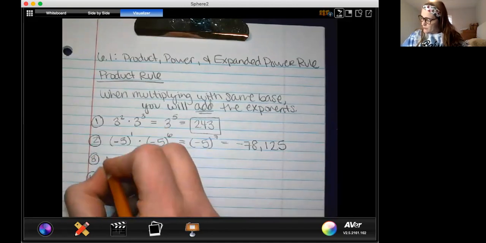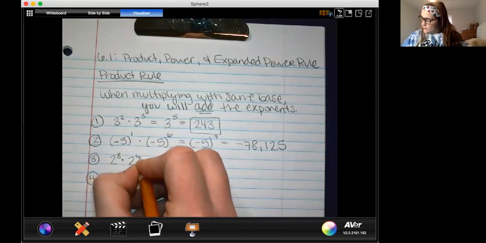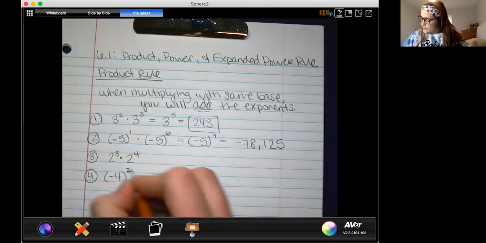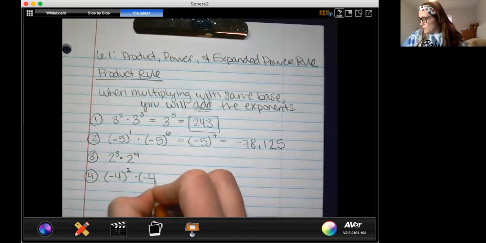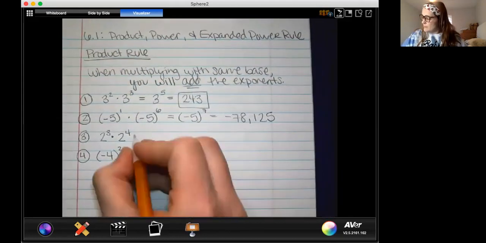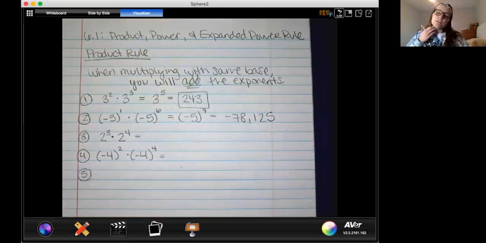Okay, let's try number 3 and 4. 2 to the 3rd times 2 to the 4th, and quantity -4 squared times quantity -4 to the 4th. Okay, so for number 3, what would that simplify to? 2 to the 3rd times 2 to the 4th.